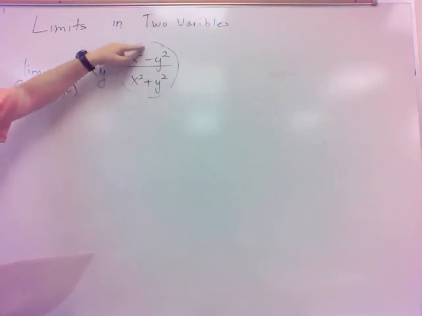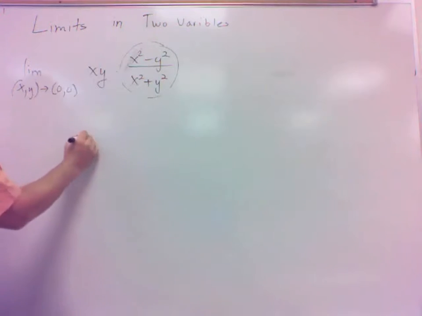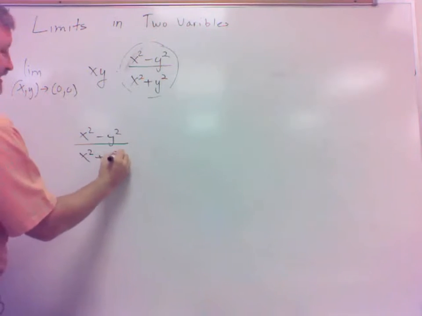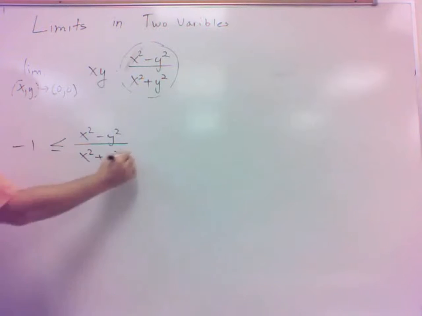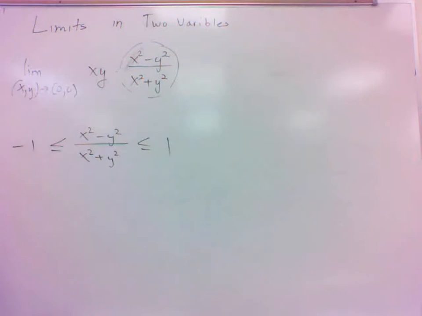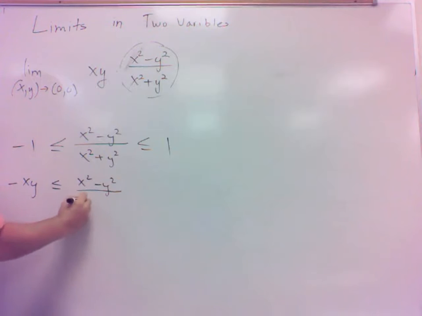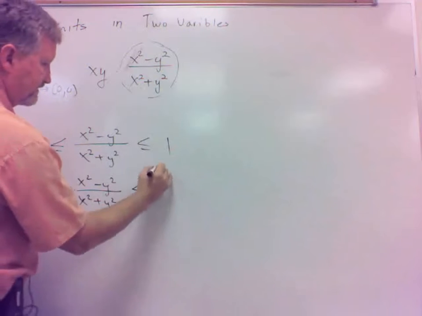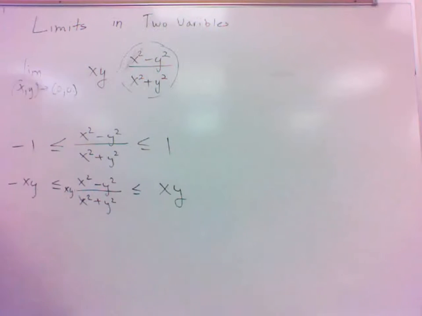So x squared minus y squared over x squared plus y squared has to be between negative 1 and positive 1. If we multiply everything by xy, we get minus xy is less than or equal to x squared minus y squared over x squared plus y squared times xy, which is less than or equal to xy.